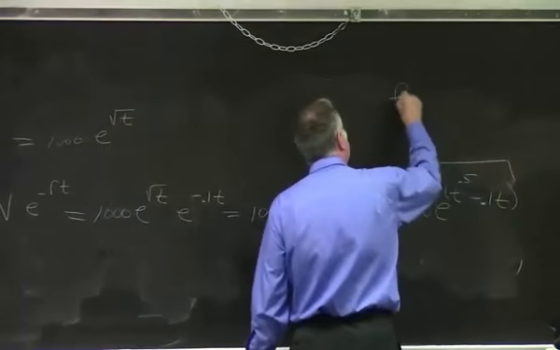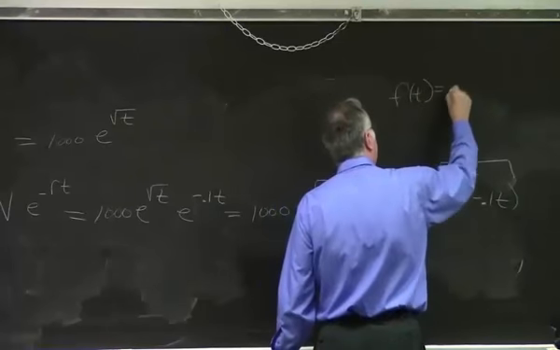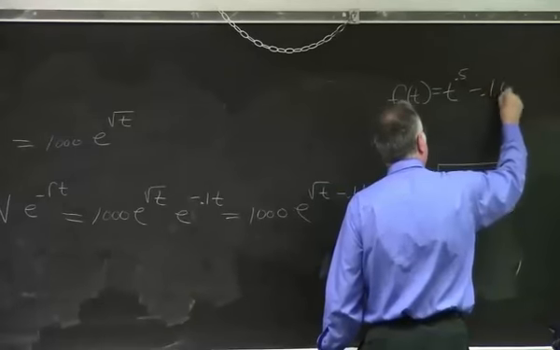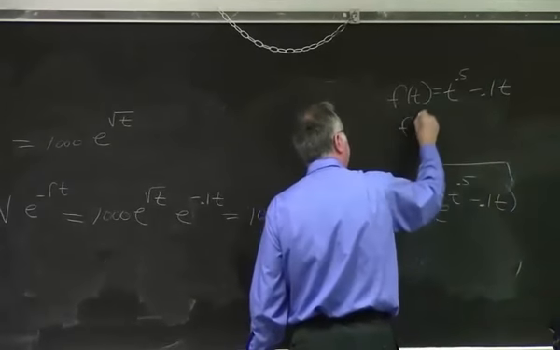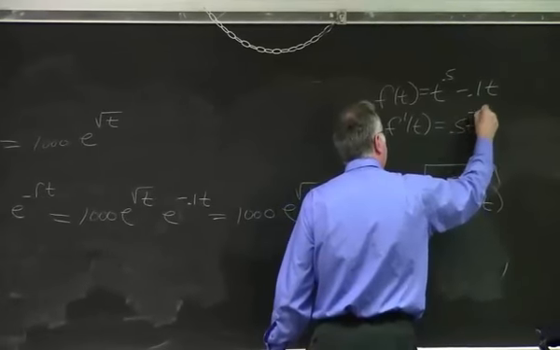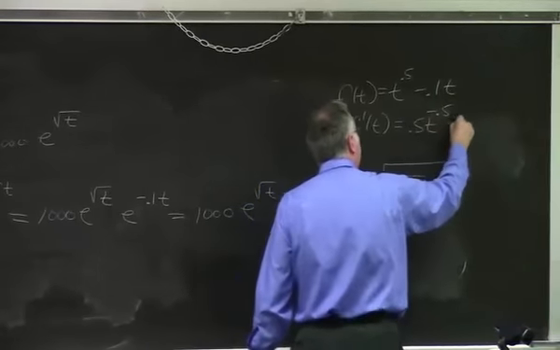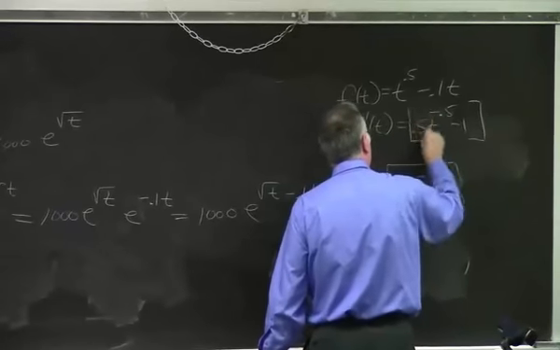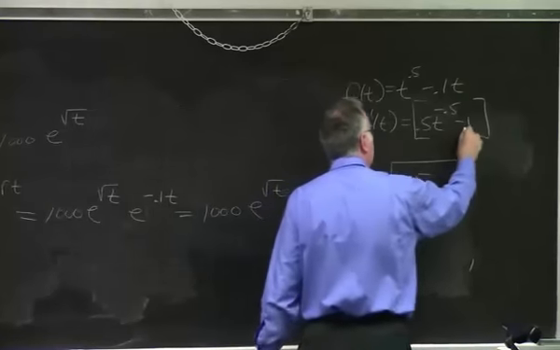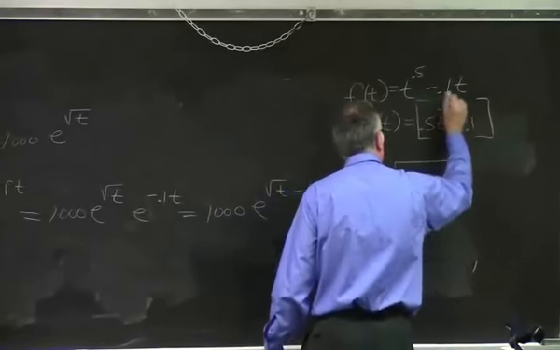Our f of t is equal to t to the 0.5 minus 0.1 t. So f prime of t is just 0.5 t to the minus 0.5 minus 0.1, thank you. Yes, absolutely, 0.1.